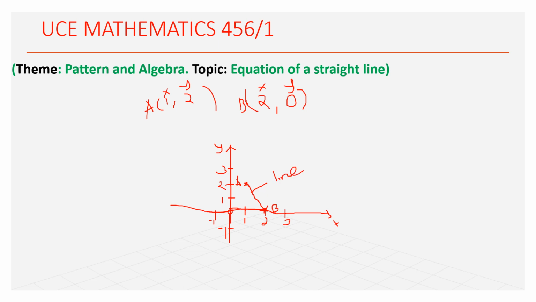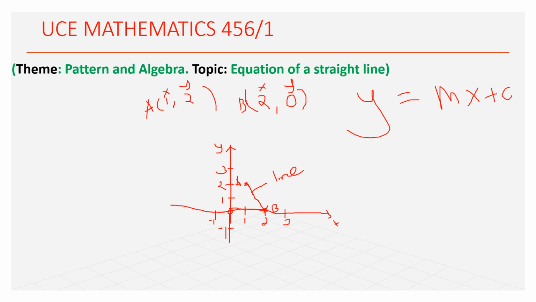Now, if we have these 2 points or coordinates plotted, we come up with what we call a straight line. And then we can ultimately get its equation using the standard form y = mx + c, where c is an intercept.